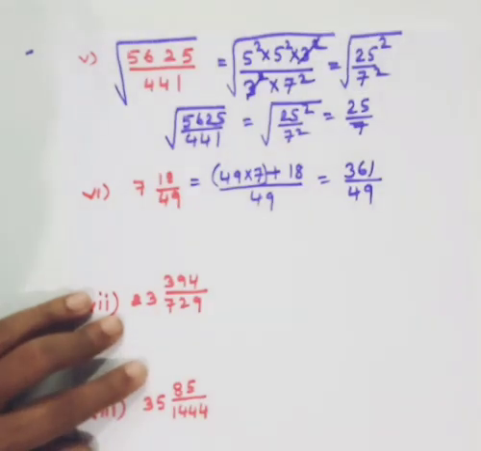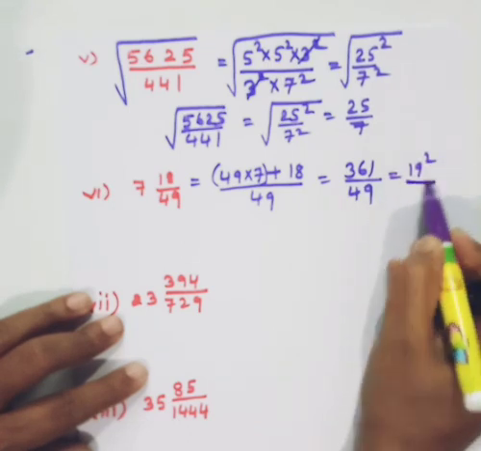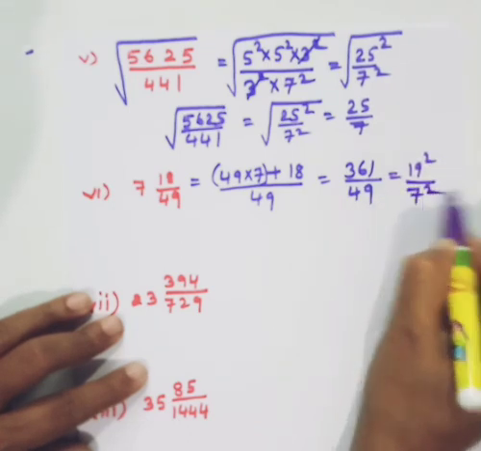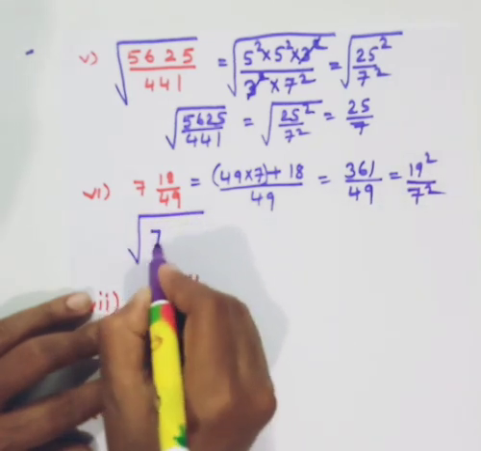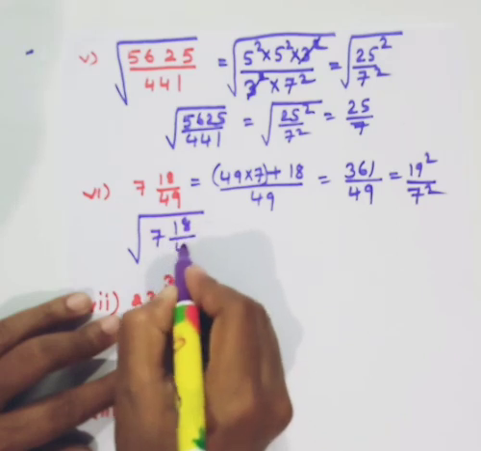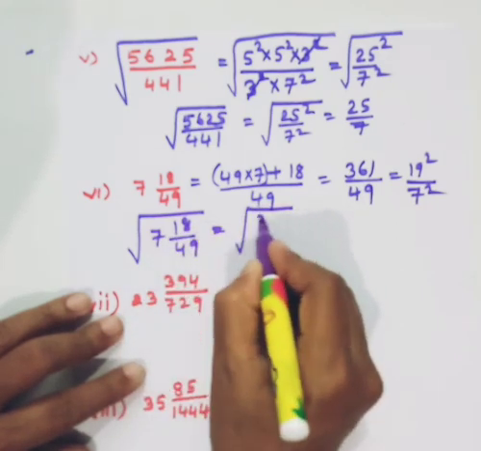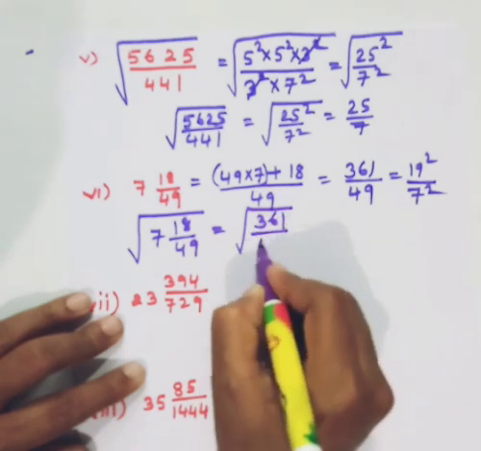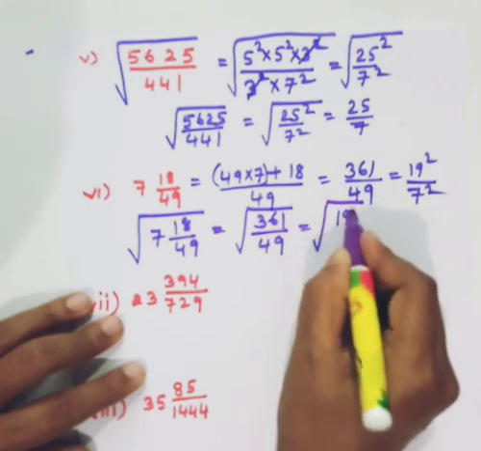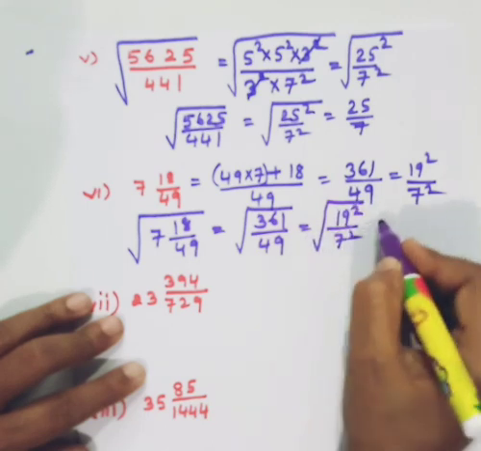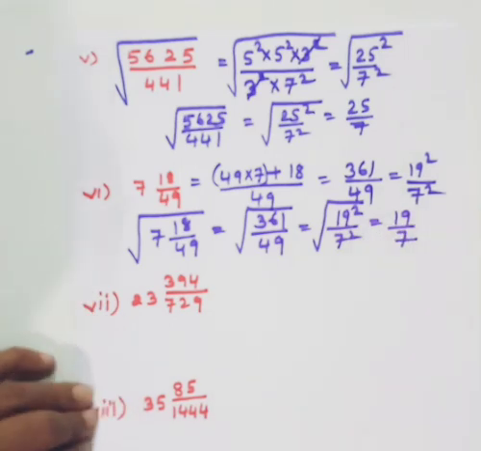So 361 is nothing but 19 square, and here 49 means 7 square. So square root of 7 and 18 by 49 will be equal to square root of 361 by 49, which will be equal to square root of 19 square by 7 square, which will come to be 19 by 7.